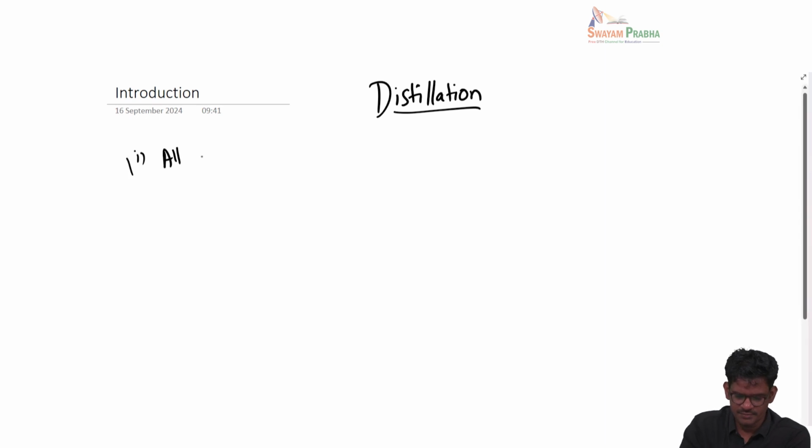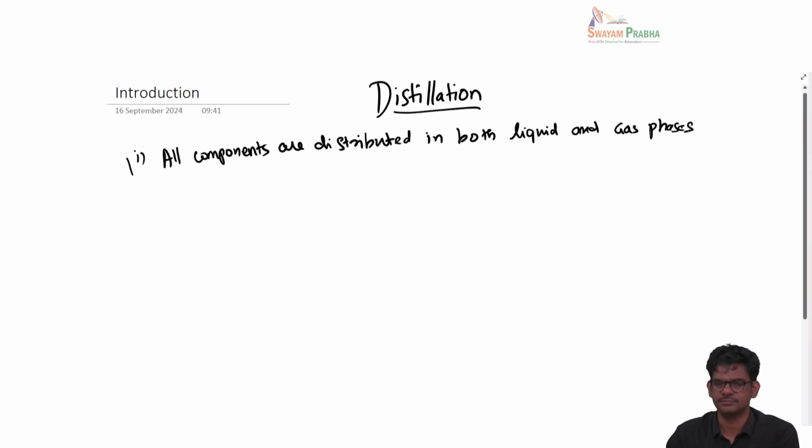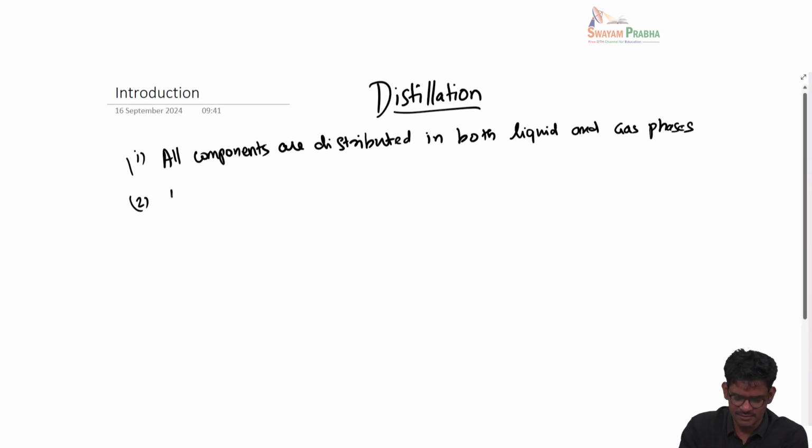All components are distributed in both liquid and gas phases. Even though we say both components are distributed in both phases, the distribution is unequal. One component is distributed more in gas than in the liquid.